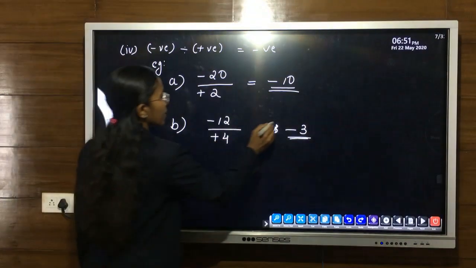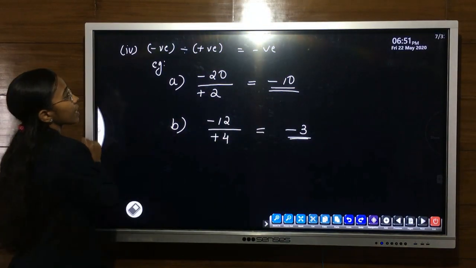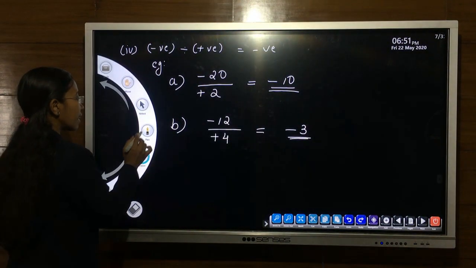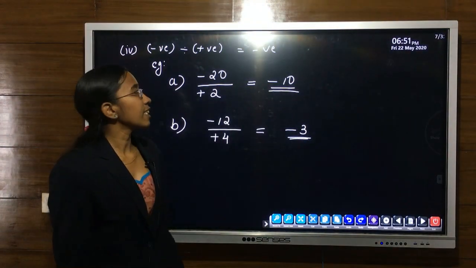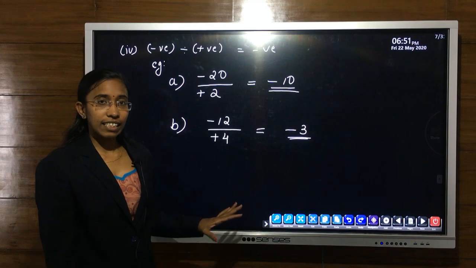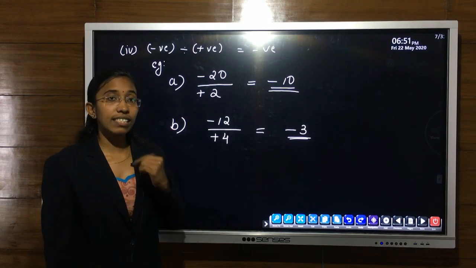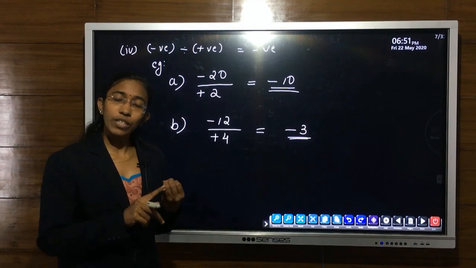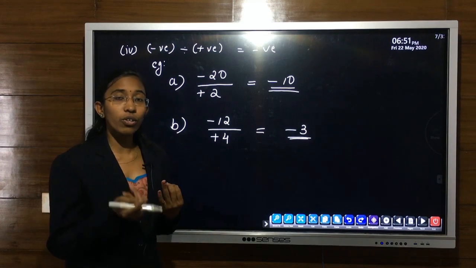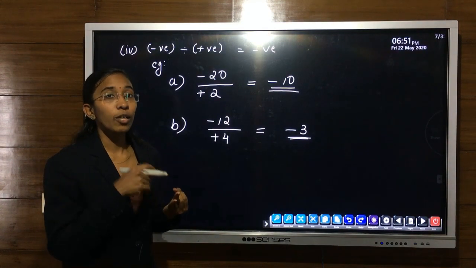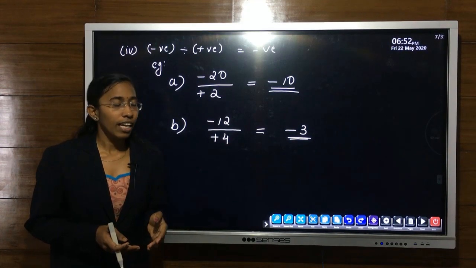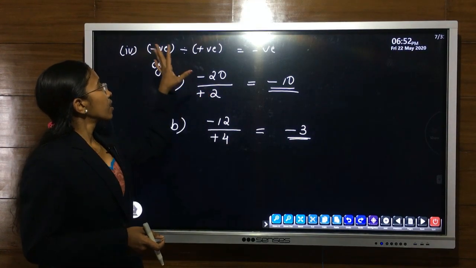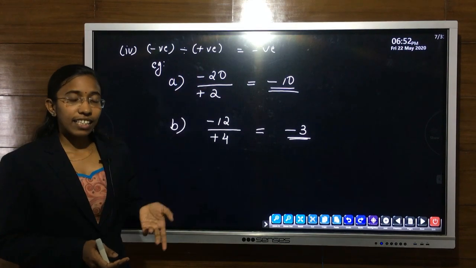So we know that here, in the case of unlike integers, our answer is always negative, and in the case of like integers, meaning both integers have the same sign, which means the first one and the second one are negative, or the first one and the second one are positive, in that case our answer is always positive. And the third and fourth conditions are unlike integers.